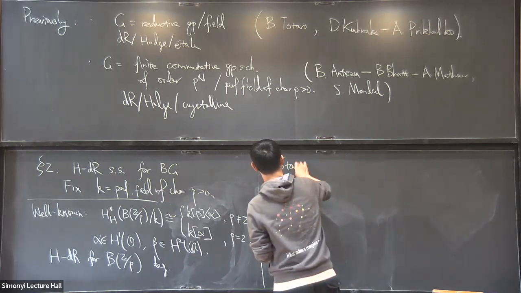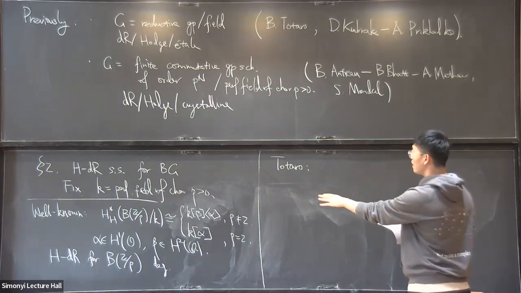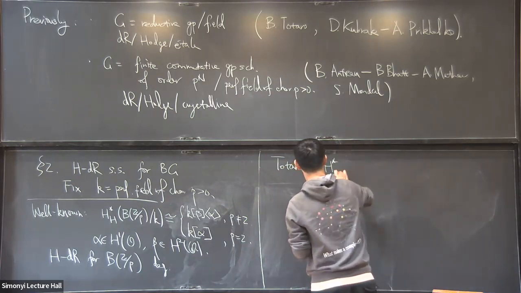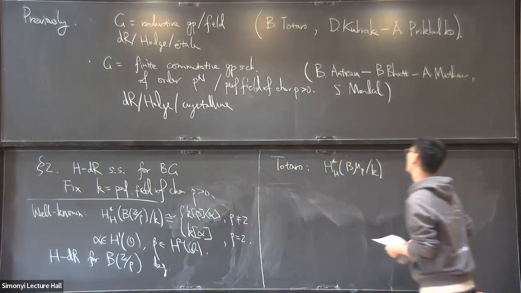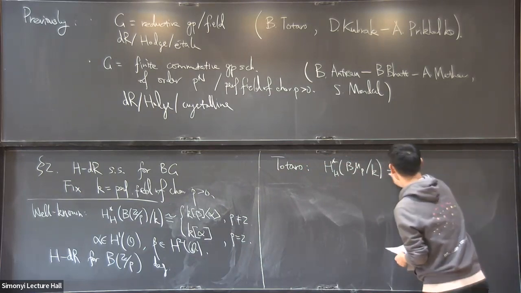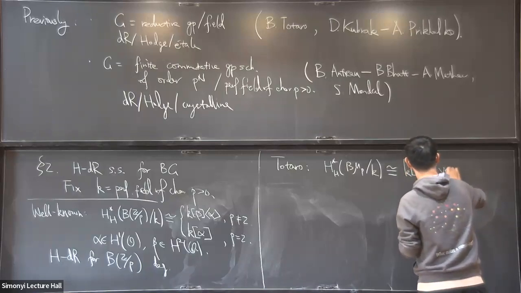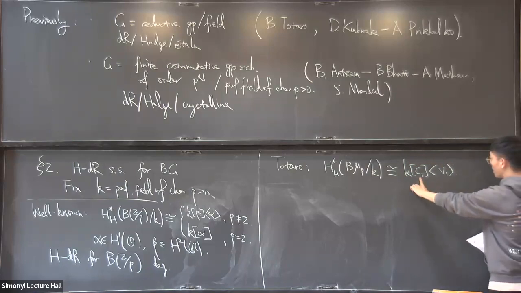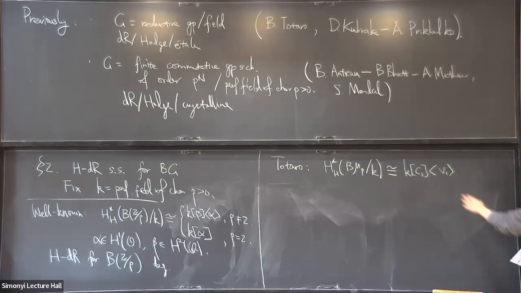And then in Totaro's paper, you can find the calculation of Hodge cohomology of B mu P. Regardless of the prime, it's given by a polynomial generator C1 in degree 2 and a degree 1 element whose square is always 0.